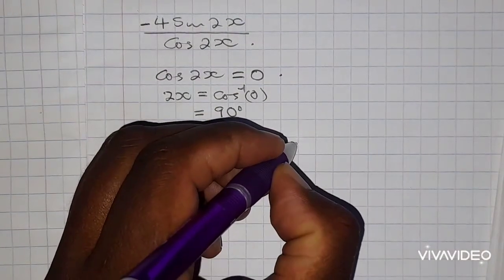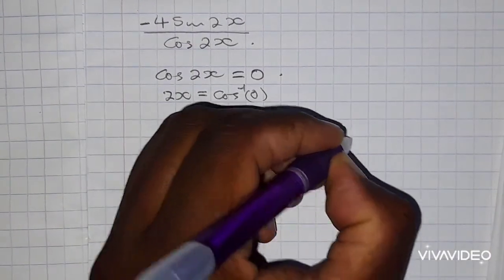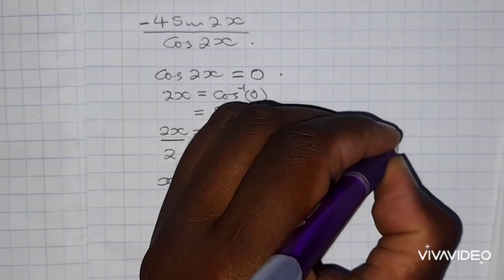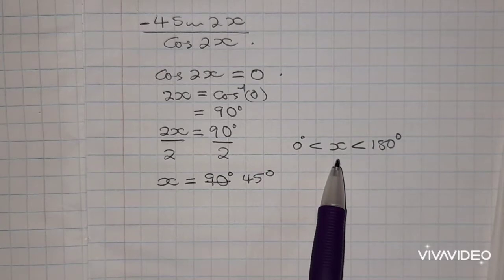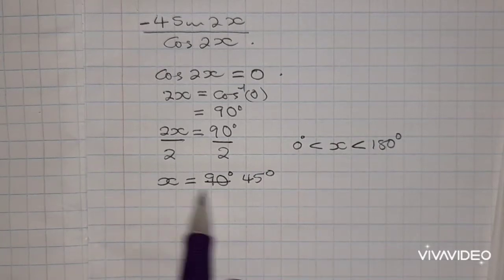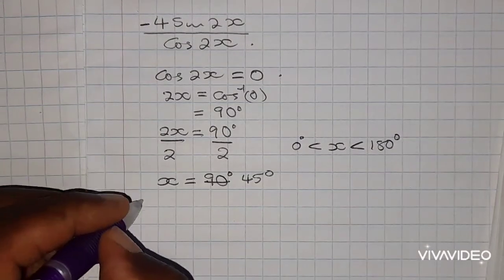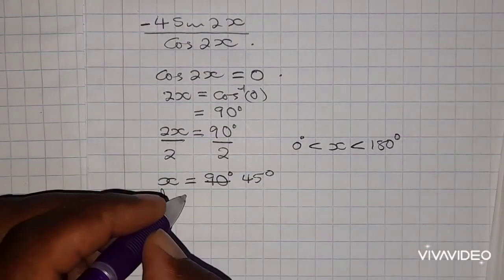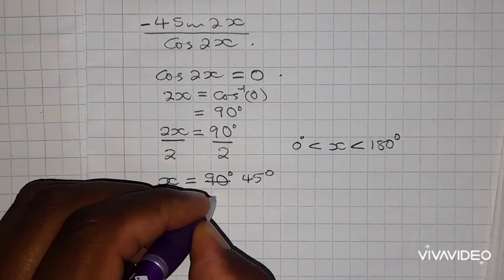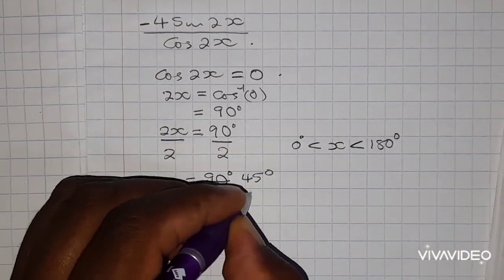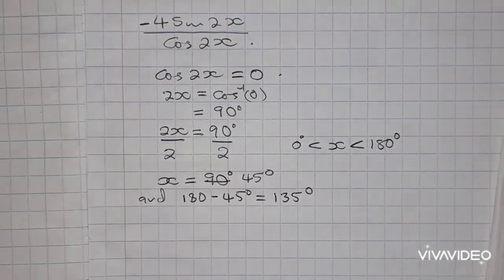Remember, the question says in the interval 0, when x is between 0 and 180, this is the first quadrant and the second quadrant. So x is equal to 45 degrees in the first quadrant, and in the second quadrant, remember reduction formula is 180 minus 45 degrees, and this is equal to 135 degrees.